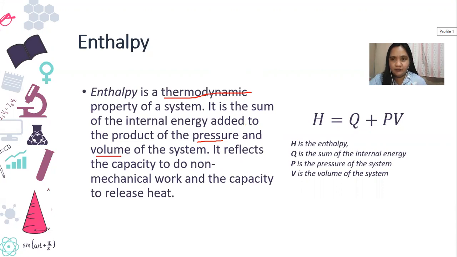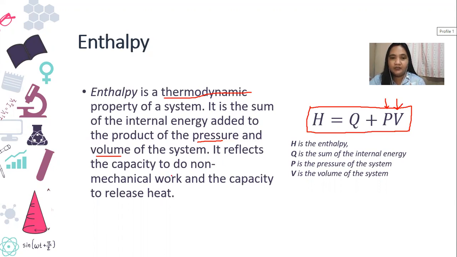system. I have a separate PowerPoint for this, where I derive this formula, and it talks about constant pressure and constant volume conditions. But for now, I won't be doing that derivation. I just want you to capture the important concepts regarding enthalpy.